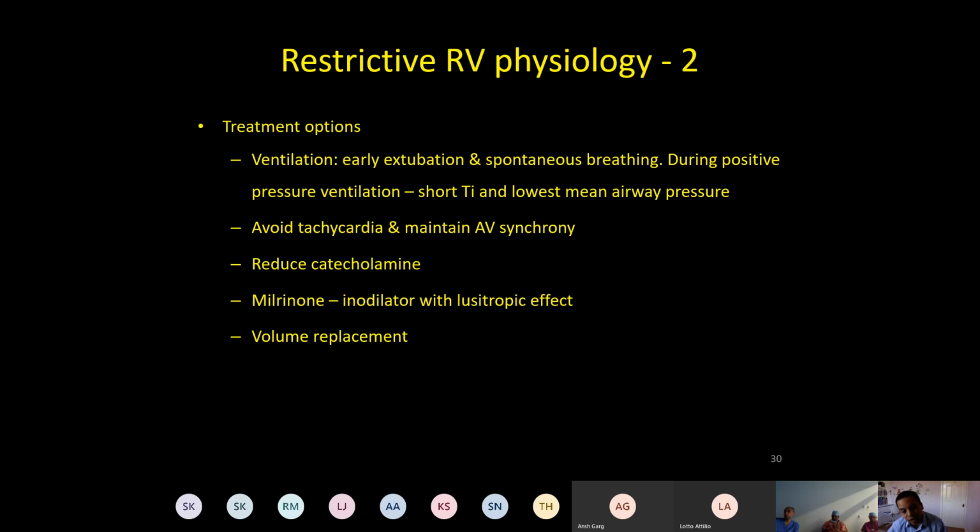Then I tend to give a fluid bolus and get the CVP up, see the effect, and then still try and give more fluid. But at some point, you will see that after a CVP of 18, it's not making a huge difference. So that would be a bedside clinical assessment of CVP.